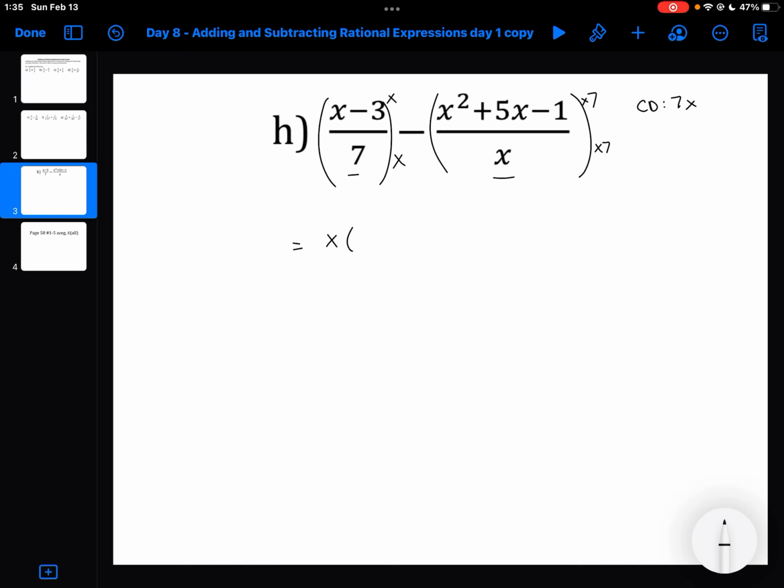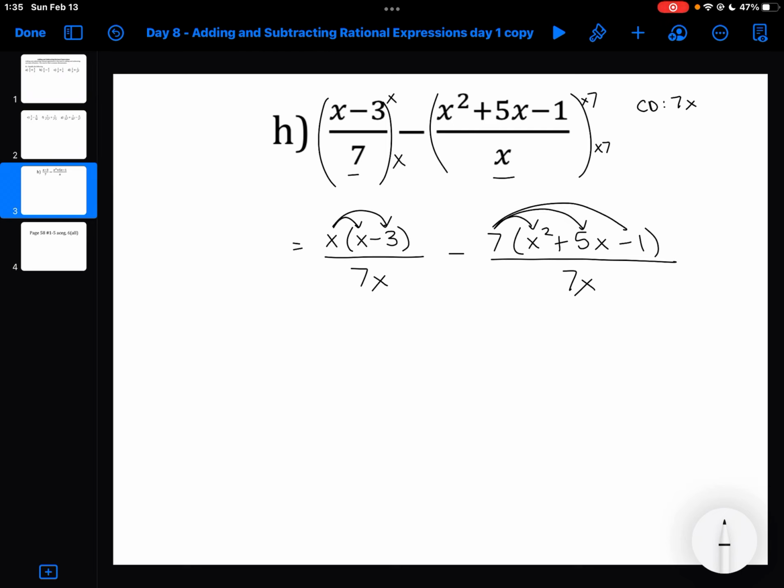So my first fraction, I'm going to get x times x minus 3 all over 7x. And then here I'm going to take away 7 times x squared plus 5x minus 1 all over 7x. Now the tricky part when you've got more than one term on top is that whatever you multiply by has to apply to every term inside the brackets.